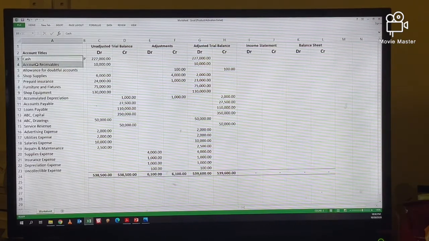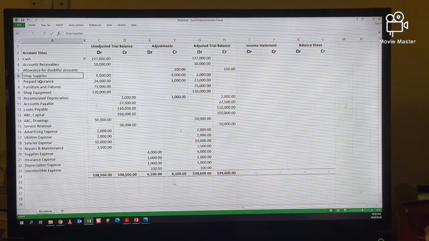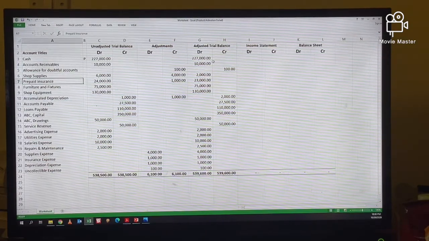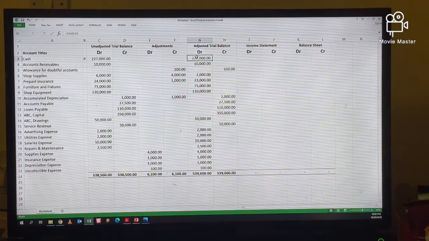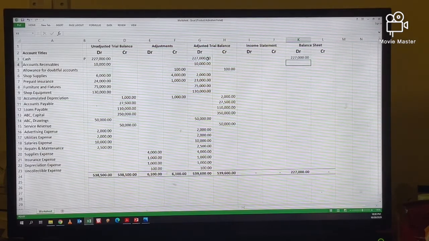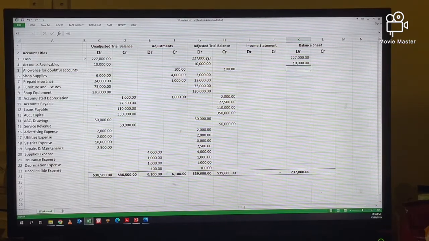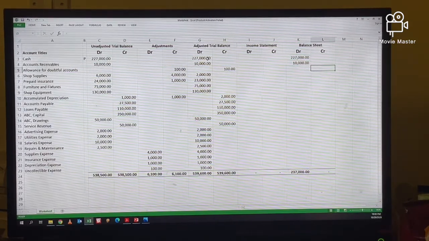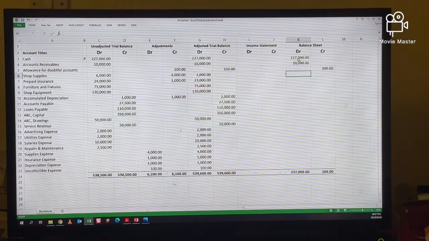Current assets, we have cash, accounts receivable, allowance for doubtful accounts, shop supplies, prepaid insurance. So, yung balance nila, i-forward mo from your adjusted trial balance pupunta sa balance sheet. So, ikakopy mo lang yan.